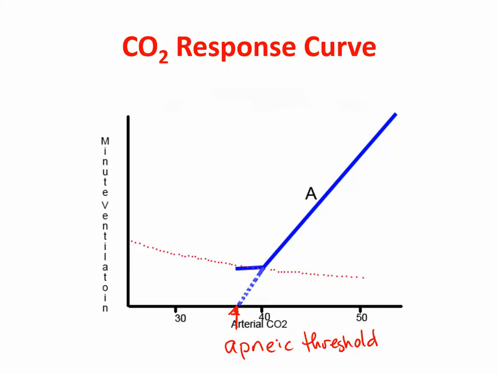It's about 5 millimeters of mercury less than the resting PCO2. And if you'll notice, this line of the essentially normal or only slightly reduced minute ventilation persists until you get to the apneic threshold.